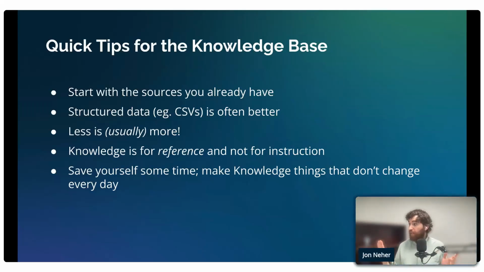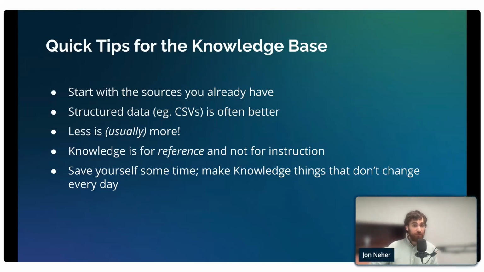Perfect. That is something that probably already exists and it's easy to add. If you do have the option, structured data like CSVs or even JSON files are usually a little bit better to help AI find relevant information, but only if the information is actually super, super structured. So keep that in mind.